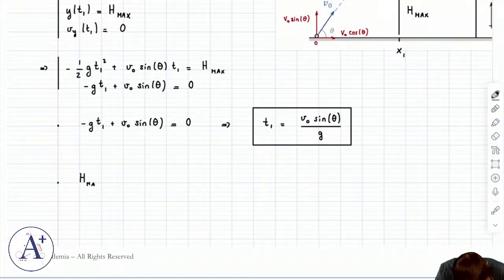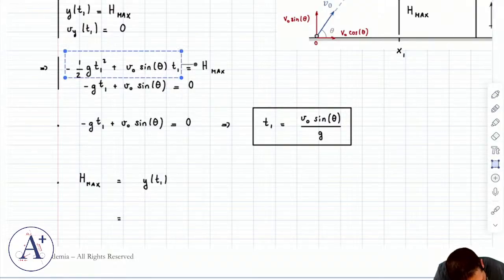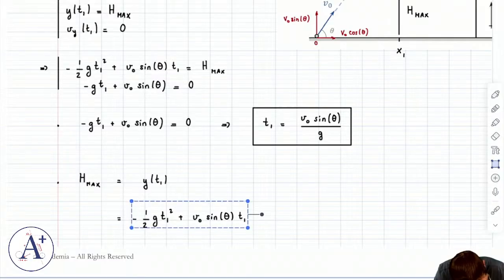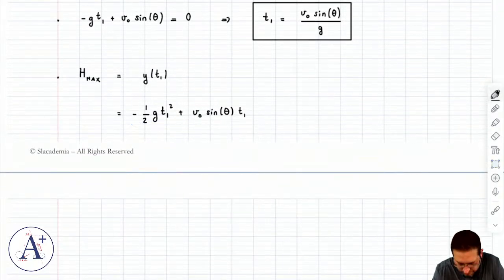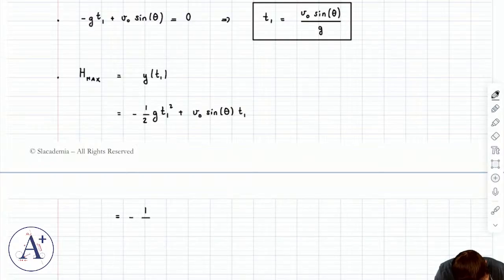Okay, so h max is equal to y of t1. That's equal to all of this. And now we're just going to sub t1 into this thing. Okay, so that's going to be, and it looks maybe horrendous, but it turns out it cleans up nicely.